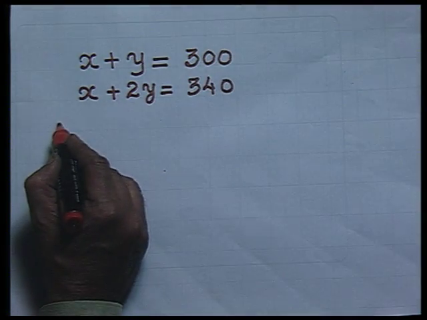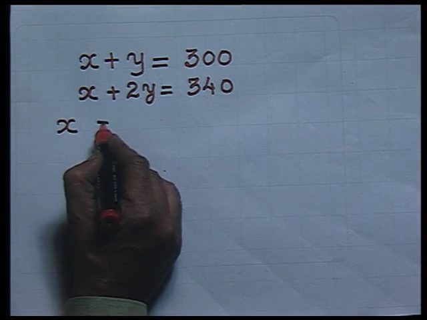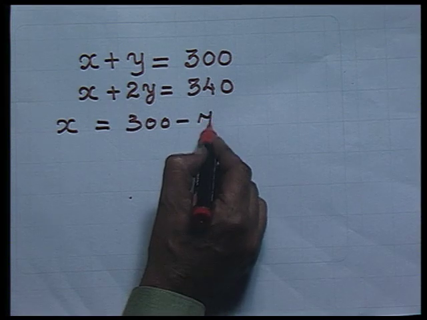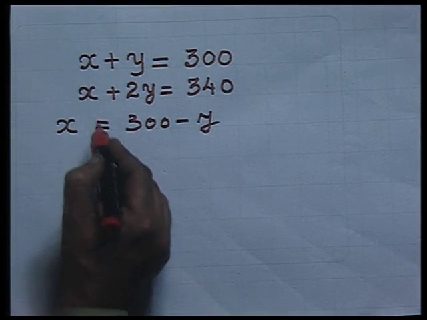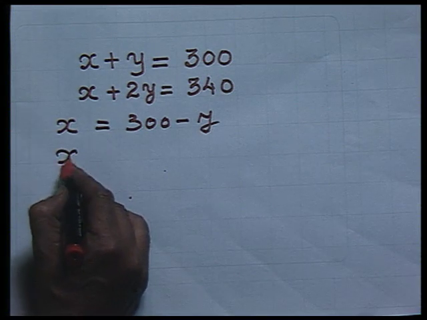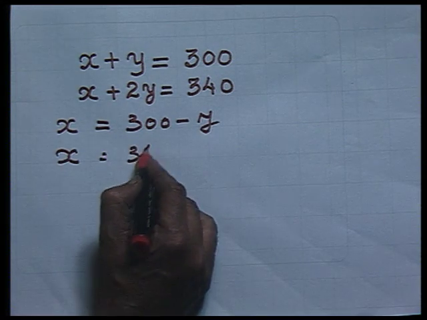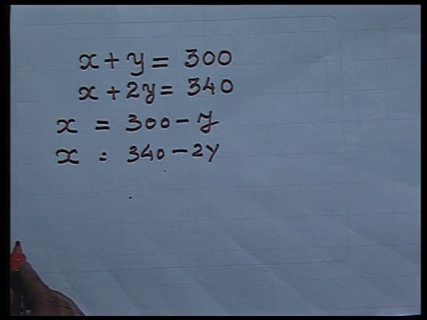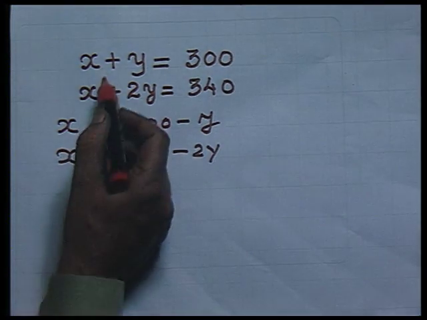From the first equation, I get x equals 300 minus y, and from the second equation, this x plus 2y equals 340, I get x equals 340 minus 2y. Now, we got the value of x from both the equations.